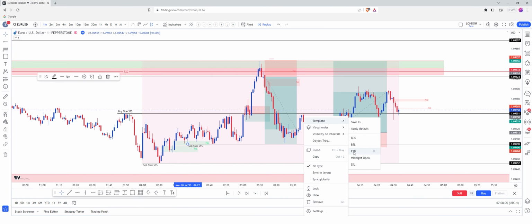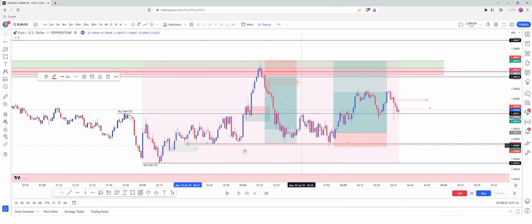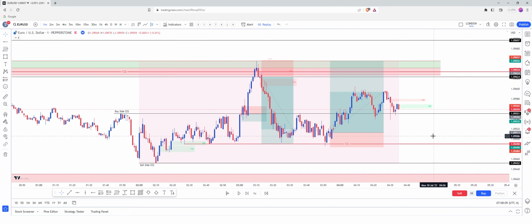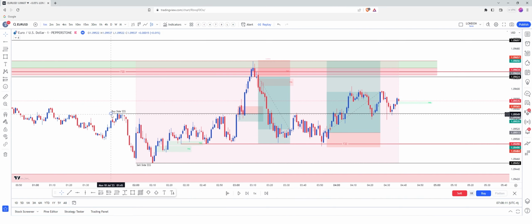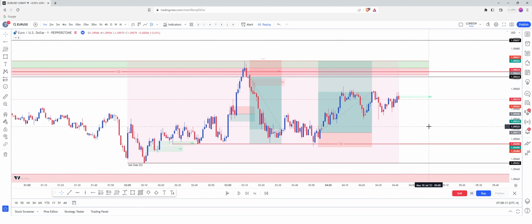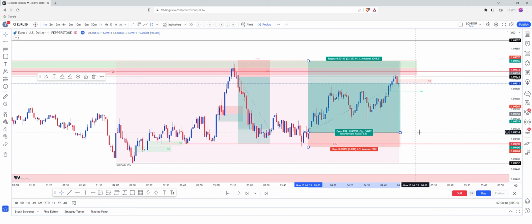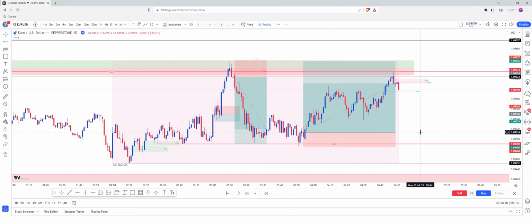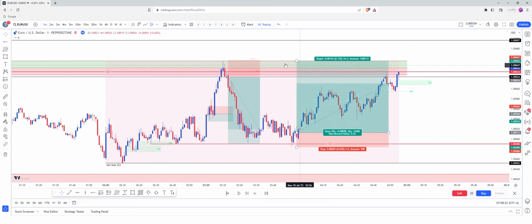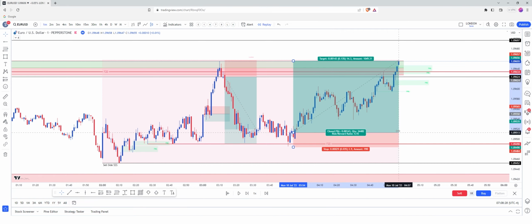So just going to mark that as our failure to displace, because that's where we failed to displace below these equal lows. Go to the buy side. So we've respected that fair value gap, and then we take out the high, which is our 4.9.